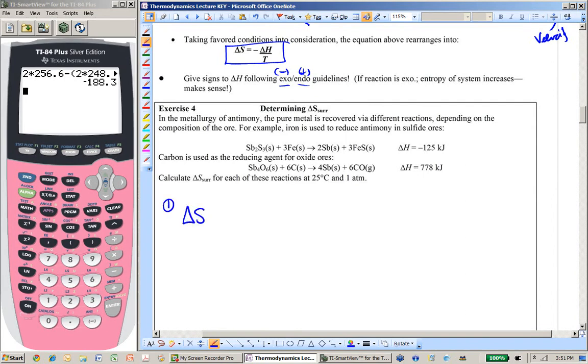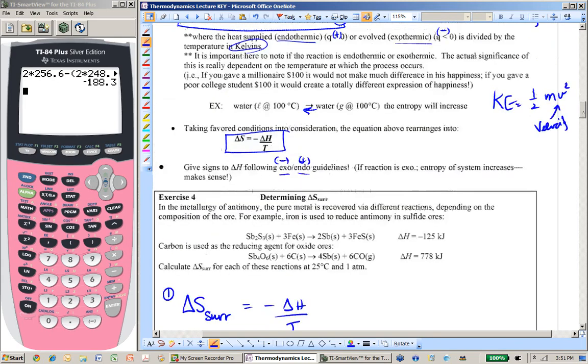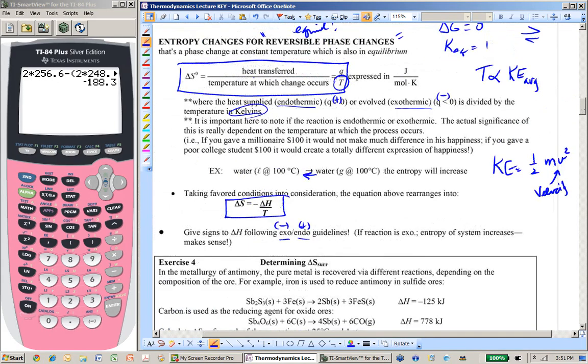Delta S of the surroundings, not the system, is equal to minus delta H over T. Well, look back at these definitions. If delta S is Q over T, then this is from the system point of view.